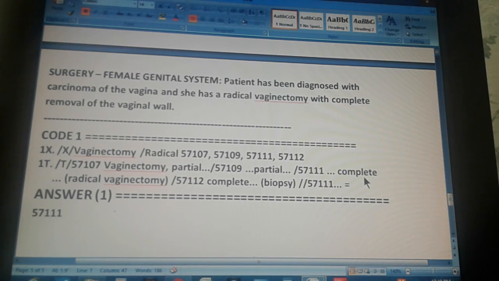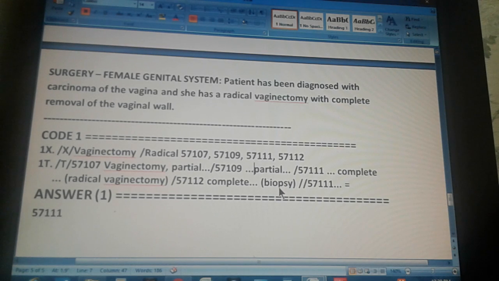The next one. 57111. And now, there's the word complete. Okay, we're good. Yeah. And then there's also, in parentheses, something that says? Radical vaginectomy. This is as close as we can get, but maybe let's just check the next one. Maybe it's even closer. I don't know. So the next one is? 57112. It's complete, but it has to have a?